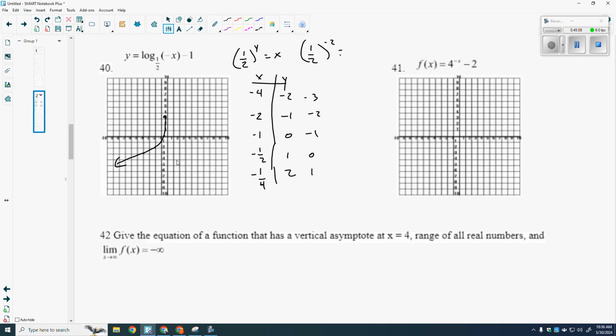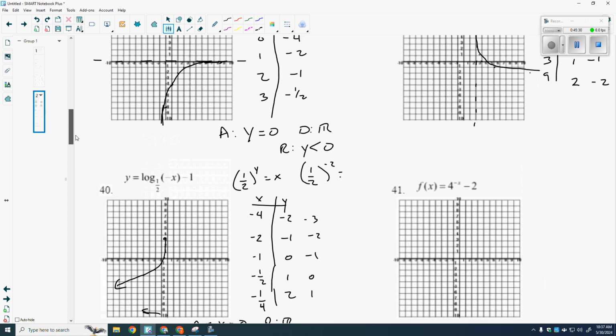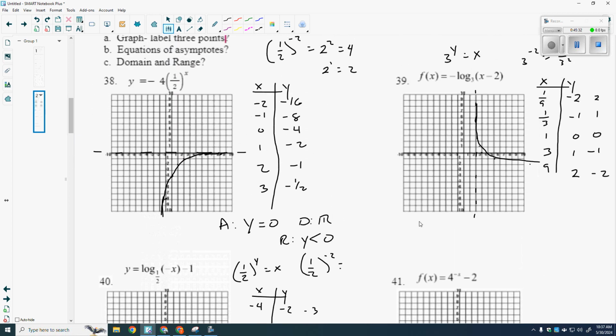Logarithms have vertical asymptotes. My asymptote here, x equals 0. My domain, x is less than 0. It's on the left-hand side of the y-axis. My range, all real numbers. That's what I forgot over here when someone popped in. Domain, range, asymptote.